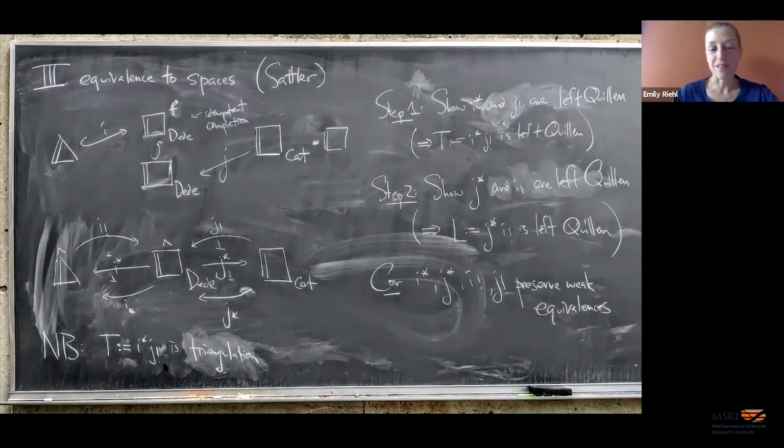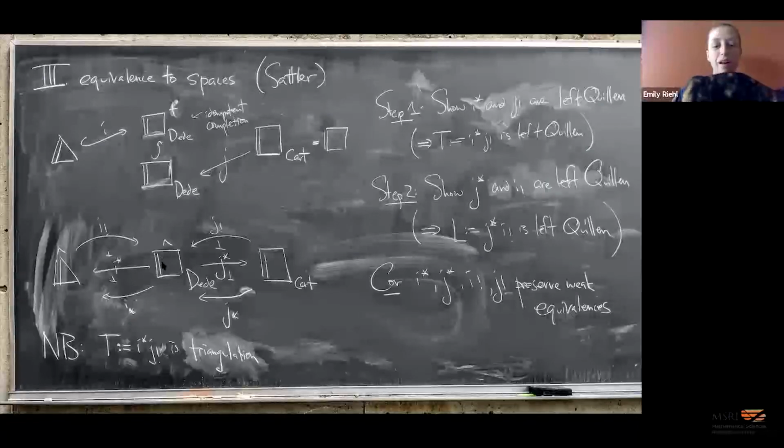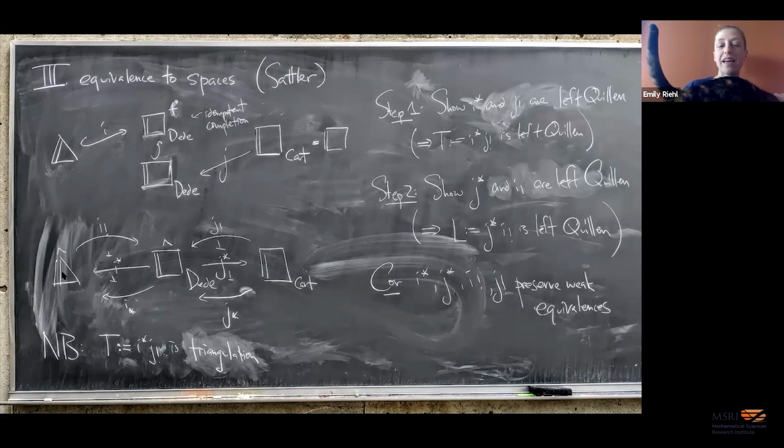One composite here is the triangulation functor. So if I start with my Cartesian cubes, I do this left Kan extension. It turns out that's going to preserve representables. So it'll carry the n cube to the n cube. And then if I restrict along this inclusion, it's going to take it to the triangulation of the n cube. You can kind of check that.